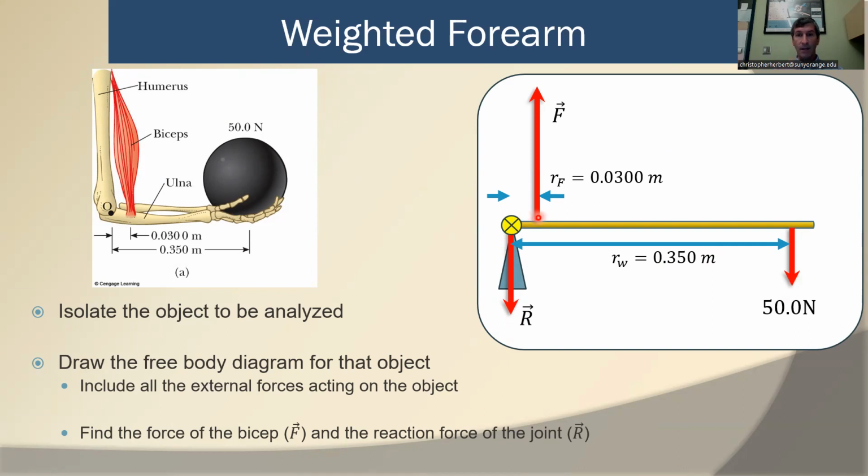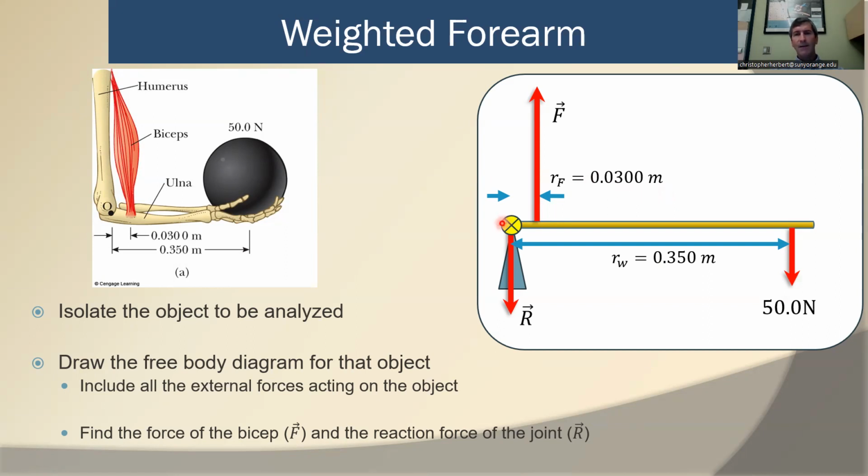And then, of course, I can choose the bicep muscle to be opposing the effort against the load. And that will be a distance of 0.03 meters or 3 centimeters from the elbow joint.